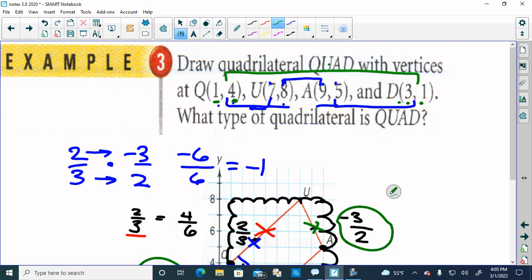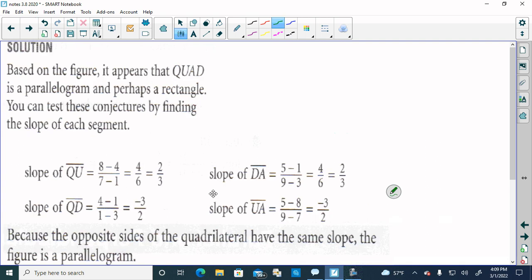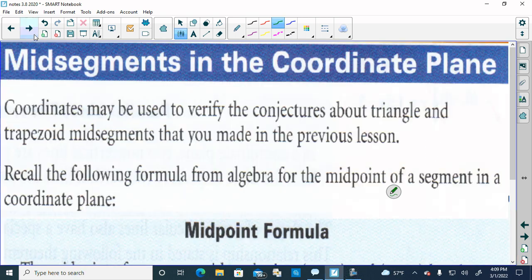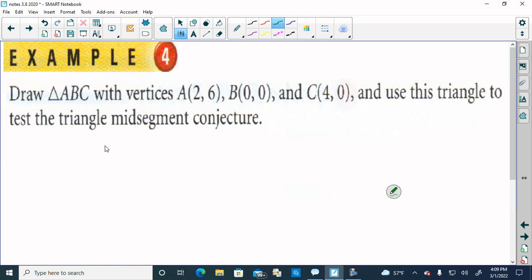Do you have two pairs of parallel lines? Are the two that are next to each other perpendicular? I'll show you examples of that when we do the reteach so that you understand you don't have to graph it every single time. Your choice. Okay, moving on to example number 4.